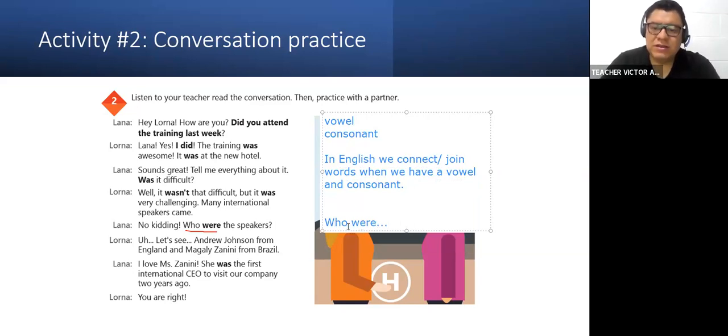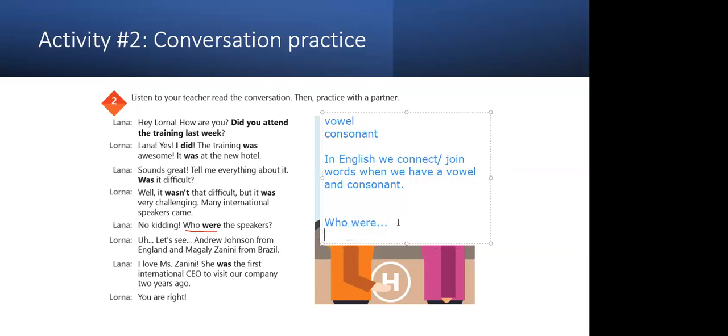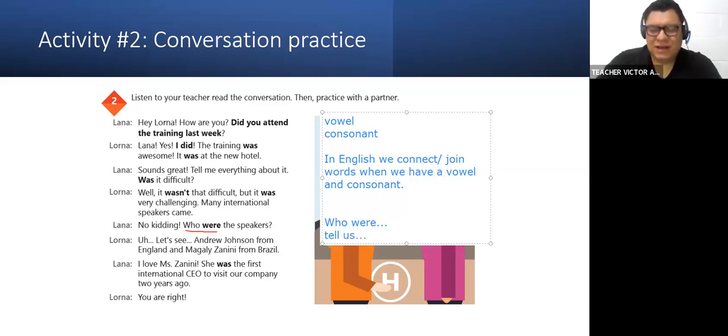So we're connecting the letter O, that's the consonant sound, and the W. Who were the speakers? In Spanish, teacher, it's like the pronunciation is only O. Yes, something like that. Something like that.